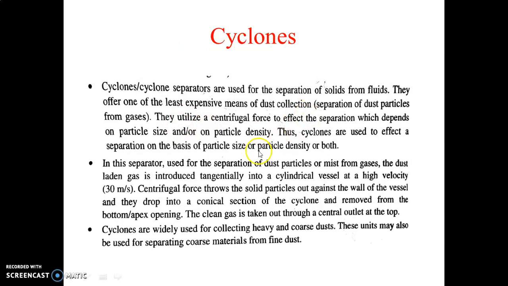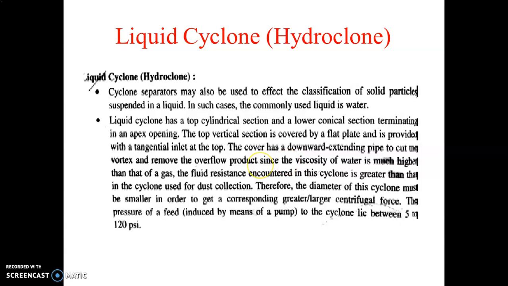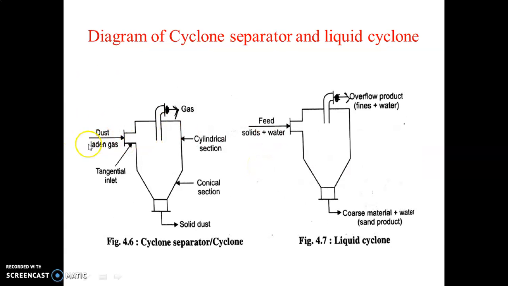So the dust-containing gas is introduced tangentially into this cylindrical vessel at high velocity. The gas containing dust is known as the laden gas, meaning dust-containing gas. The dust means solid particles, and these are introduced tangentially into this cyclone separator.